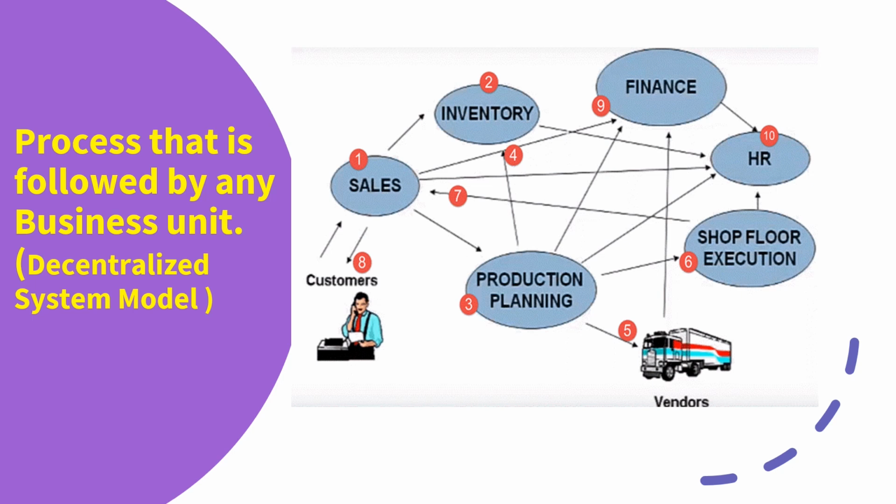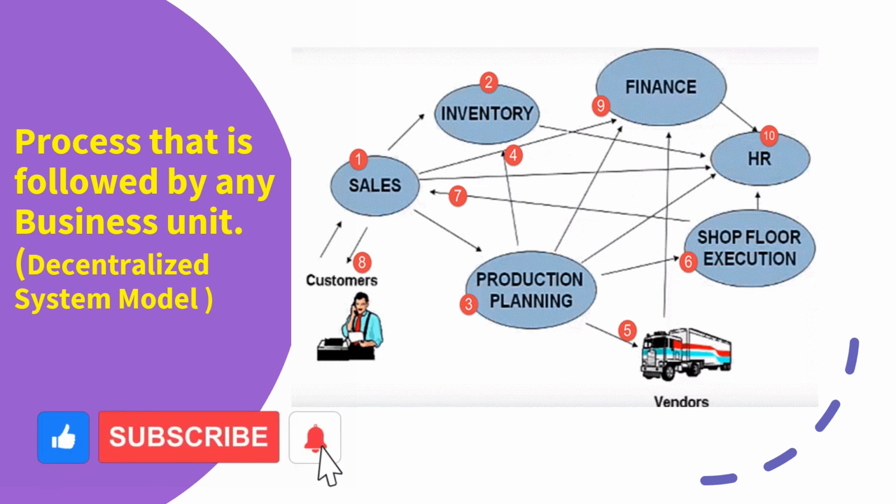The production planning team forwards the raw material to the shop floor execution department for the actual product. Once the product is ready, they ship the product to the sales team, and the sales team delivers the product to the client. The sales team updates the finance department with respect to the revenue generated by selling the product.